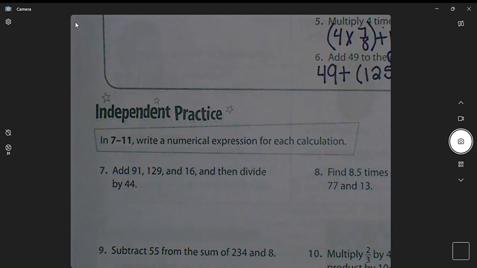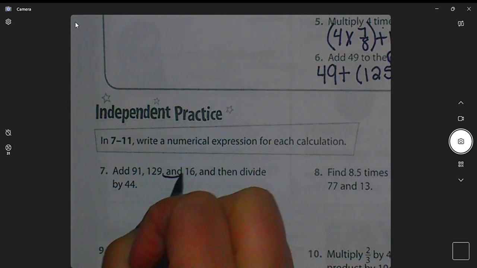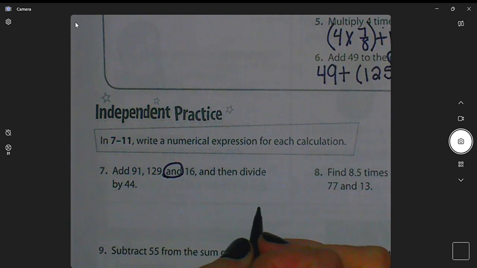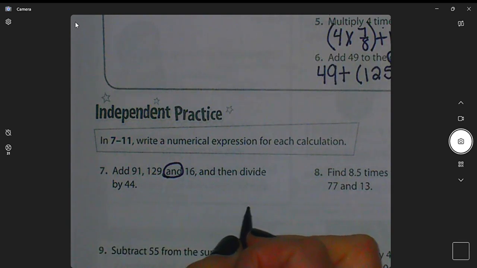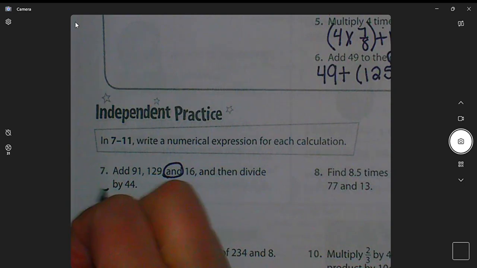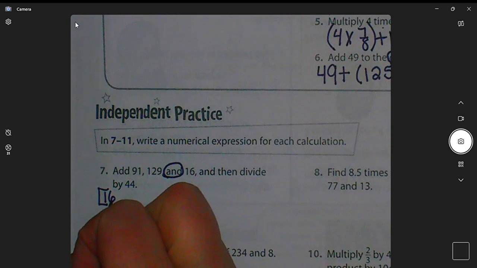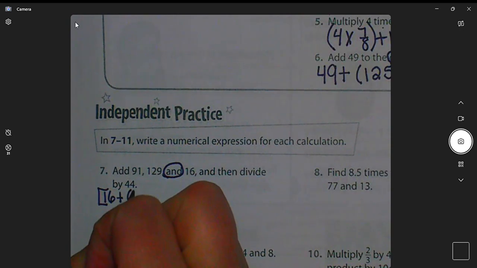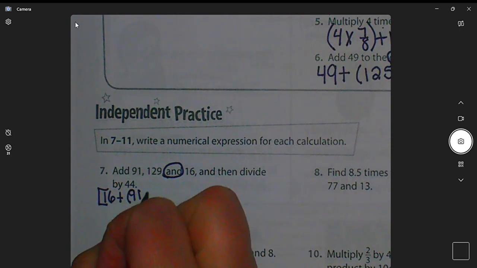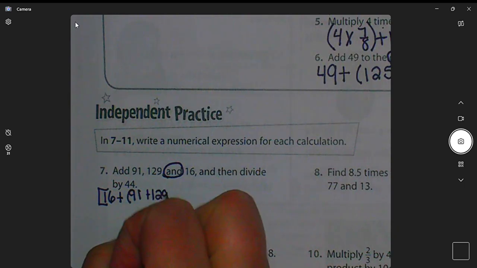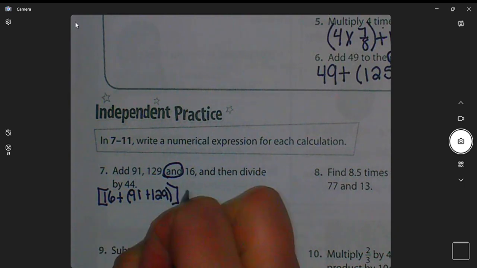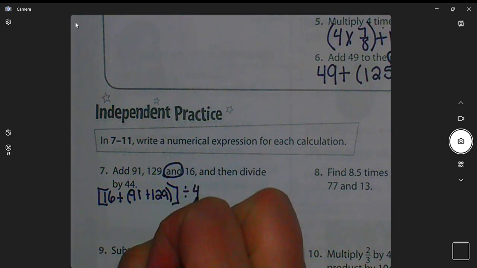Add 191, 129, and 16, then divide by 44. Again, I see this and my students worked this a couple of different ways today. So one set of students said, I'm going to put a bracket and say 16 plus 91 plus 129 divided by 44.